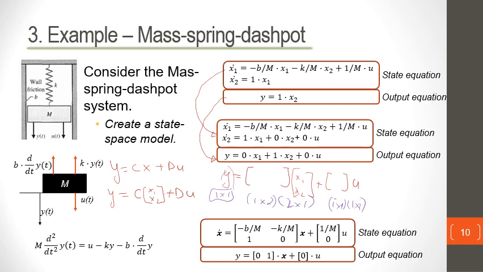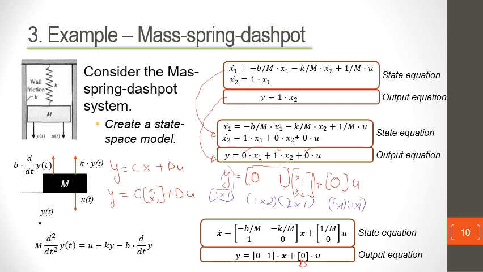Therefore, if we look at this, we see the coefficient of x1. Remember, when you multiply, it's going to be row by column. So the coefficient of x1 is 0, and the coefficient of x2 is 1. And then the coefficient of u is 0. Therefore, we have got our D matrix here.